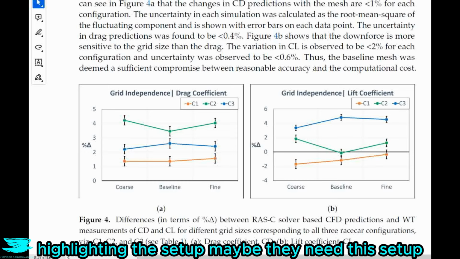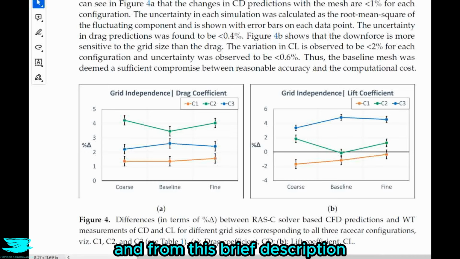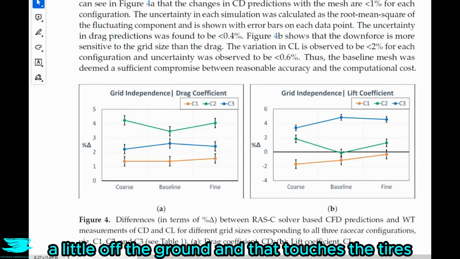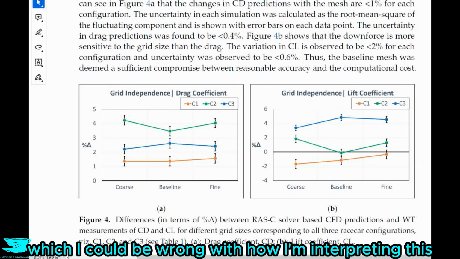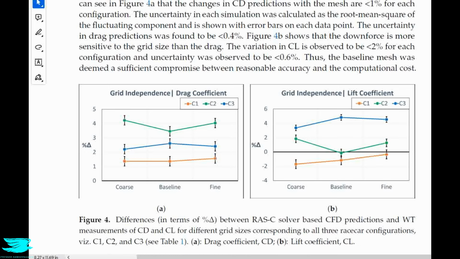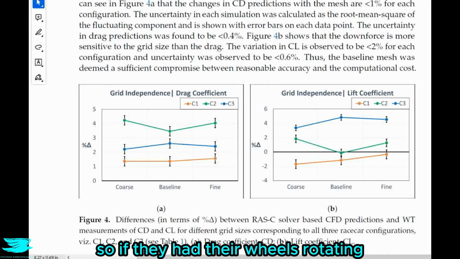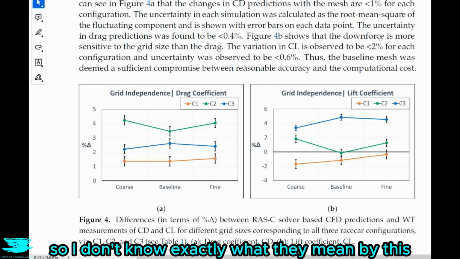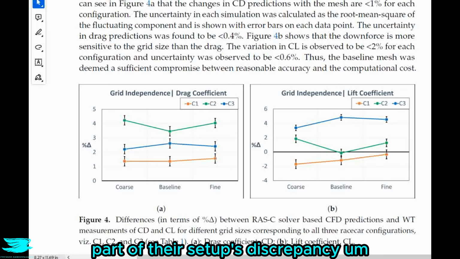From this brief description, it seems to refer to simply a wall popping up a little off the ground, and that touches the tires, which I could be wrong with how I'm interpreting this, but that is what it seems like. And this wall is stationary because their wheels are stationary from what I can tell. So if they had their wheels rotating, then the small vertical walls wouldn't be necessary. So I don't know exactly what they mean by this part of their setup.